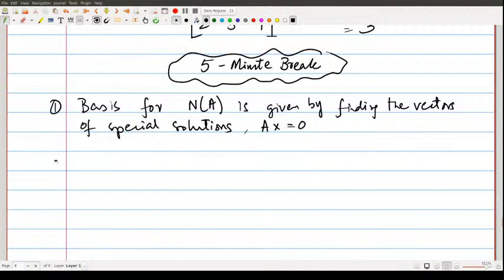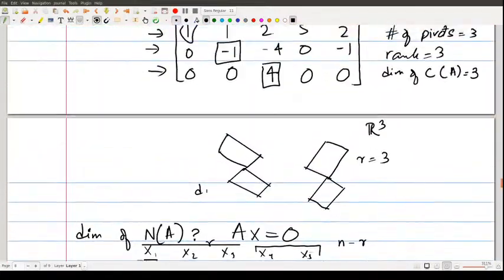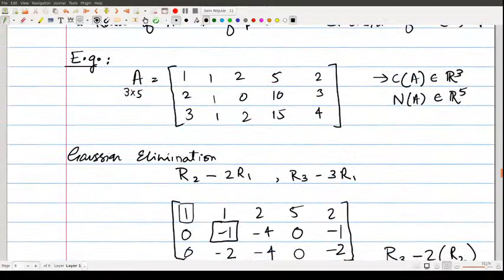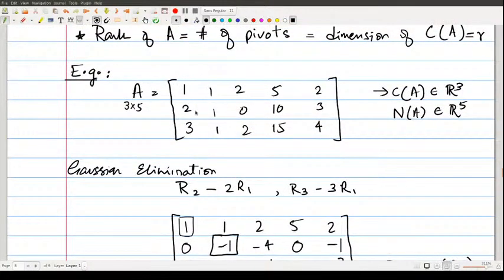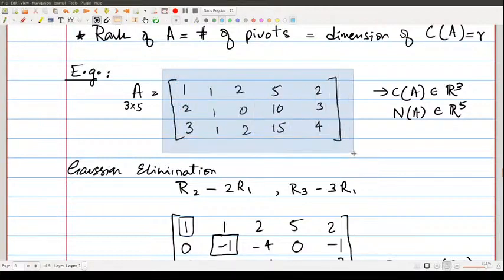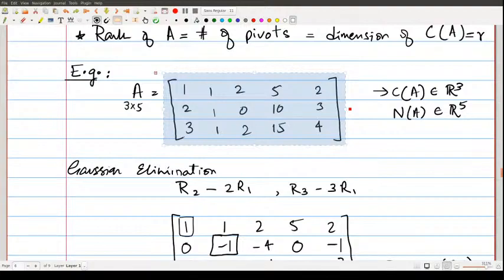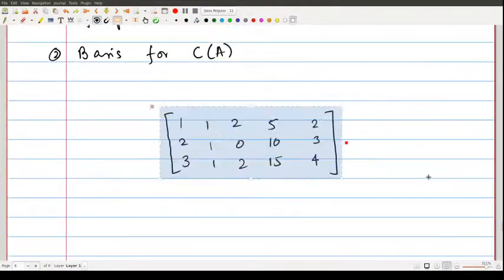What about the basis for the column space of A? Let's say this is a matrix, and I'm talking about the column space of A. Let's copy this matrix and take it over here.